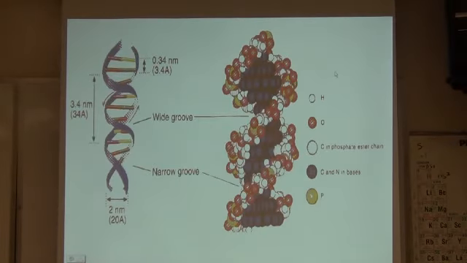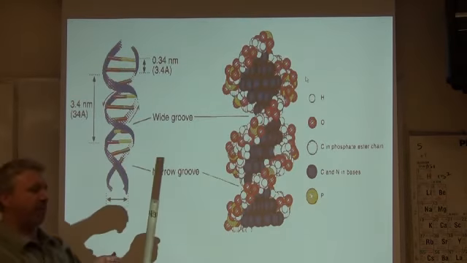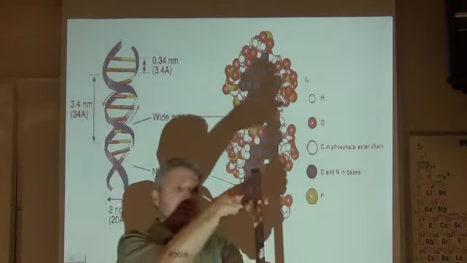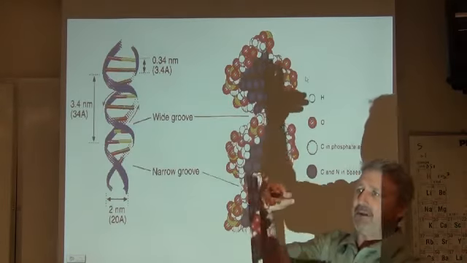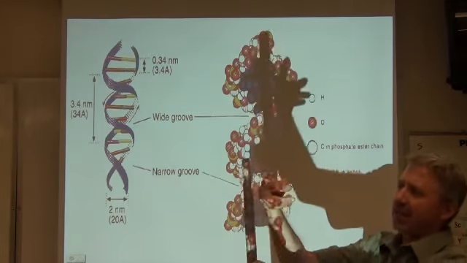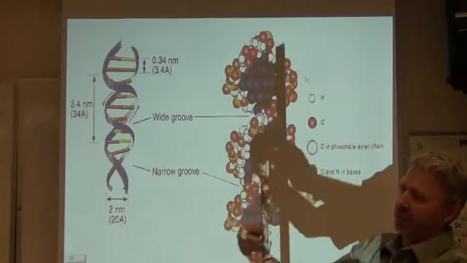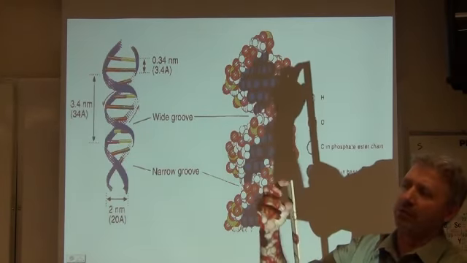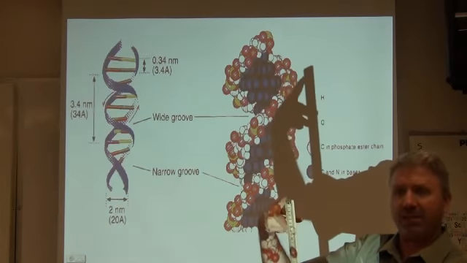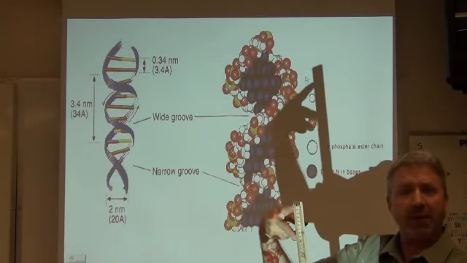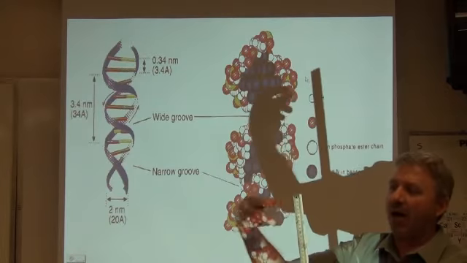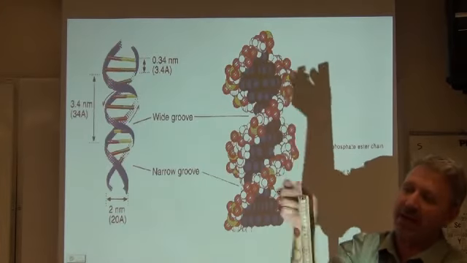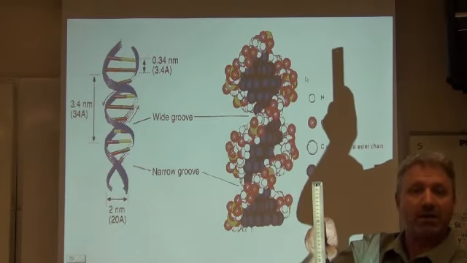Here's a space filling model, and again, you can see these wide grooves and thin grooves. If you think about a rope ladder being wound around a central axis, if we connected it here and wound it around without twisting it, we're going to have two grooves. One groove is set by the thickness dictated by the rungs of the ladder, and the other is set by how far apart the winds are.